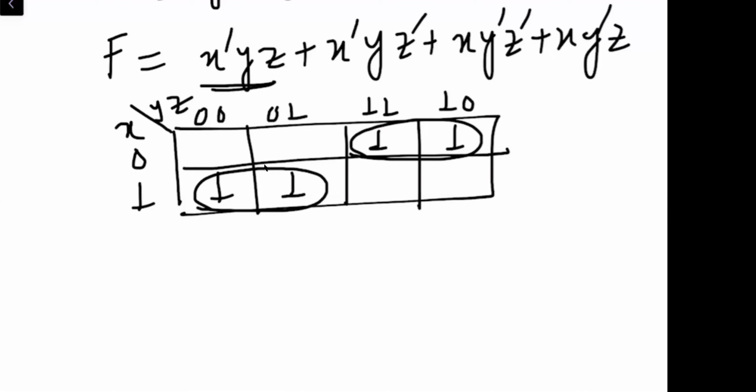Now if you see how we can make this group. In this group, what is not changing in the horizontal direction? x complement is not changing, right?